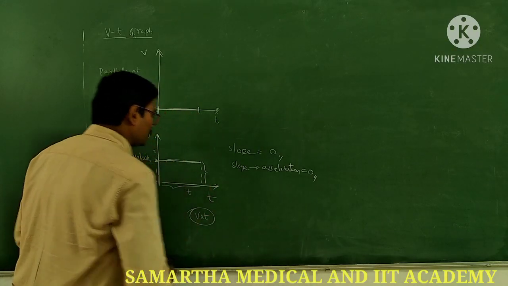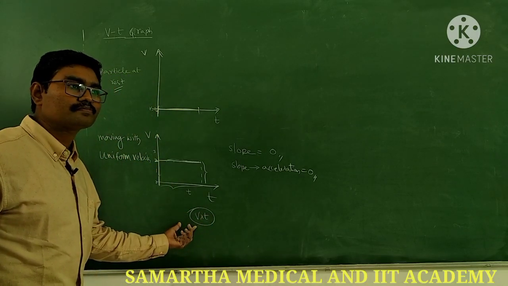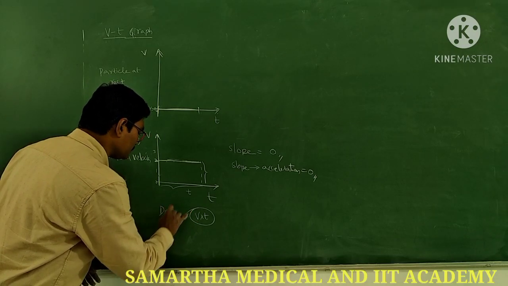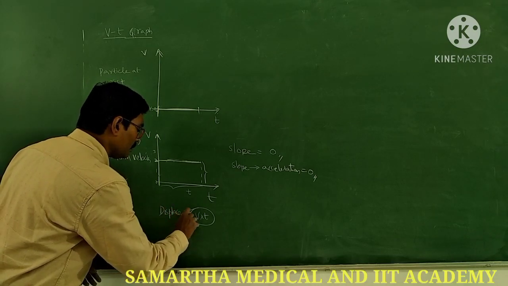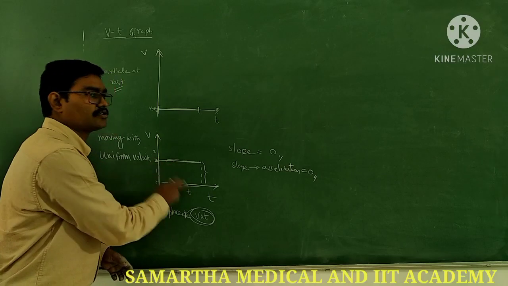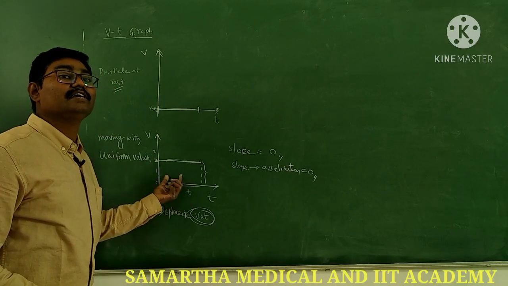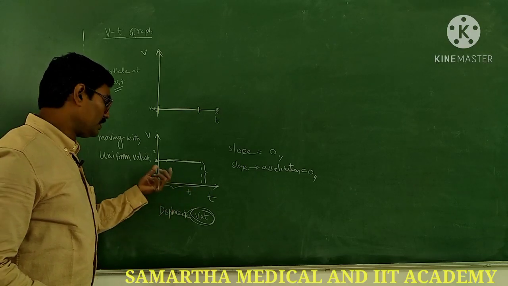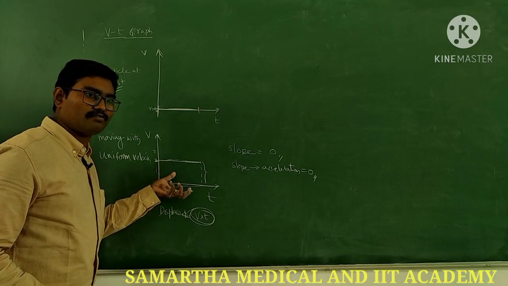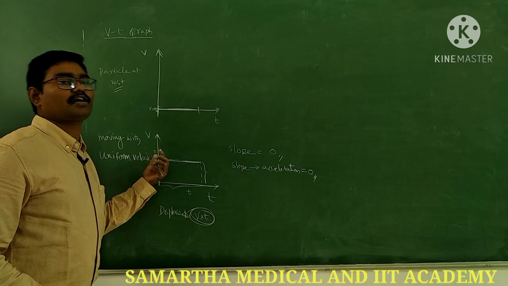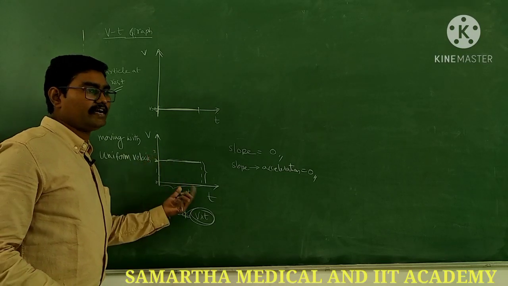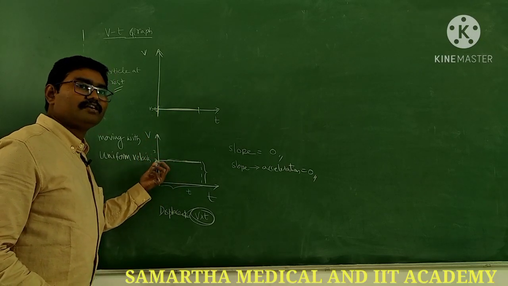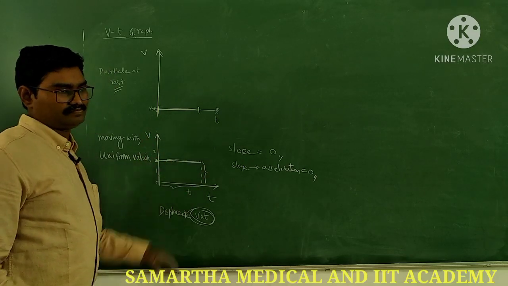So velocity into time gives you what? Displacement. So the product of y and x coordinates gives you the area covered by the curve.